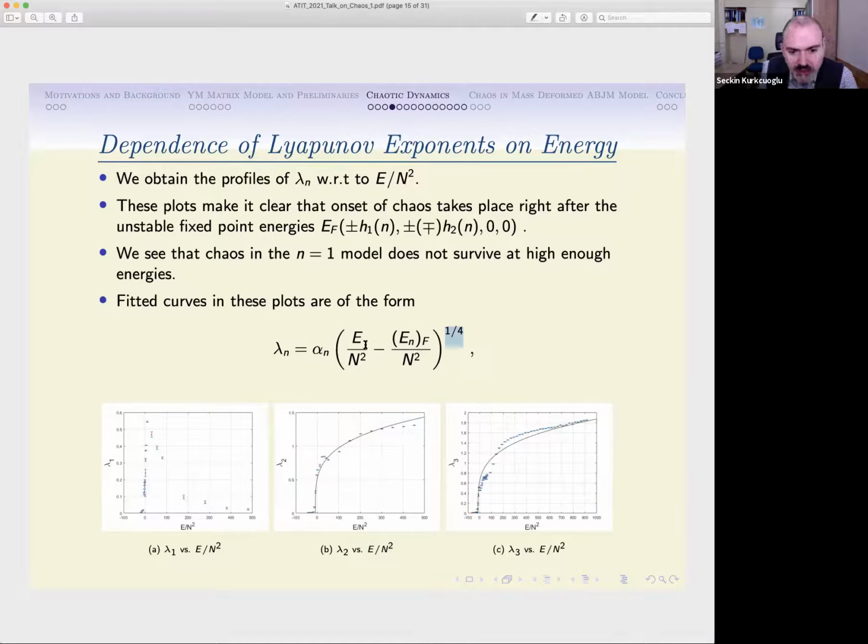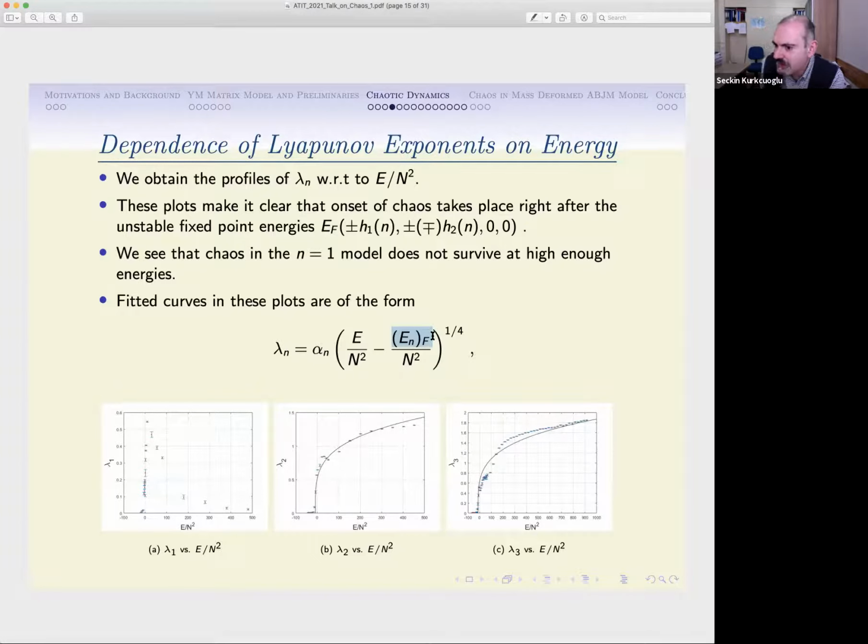to check. And here also we have included the fixed point energies, which are all negative. And these fixed point energies involve the mass deformation.